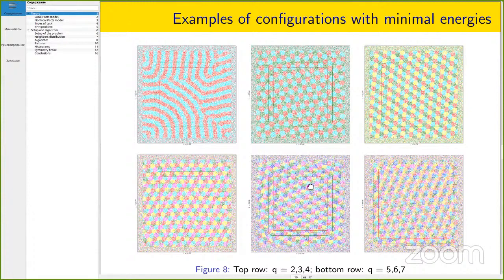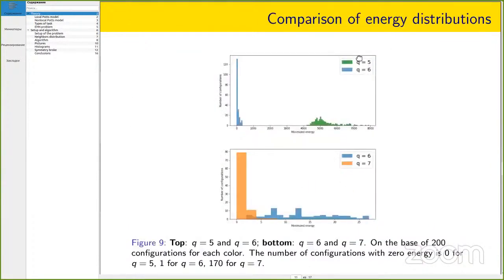And one of the main tasks which we wanted to investigate is for which number of colors we will get a configuration with zero energy. In order to answer this question, let's look at the histograms of energy. At the top, we see the comparison of 5 and 6 colors, and we see that the distribution for 5 colors lies pretty far from zero.